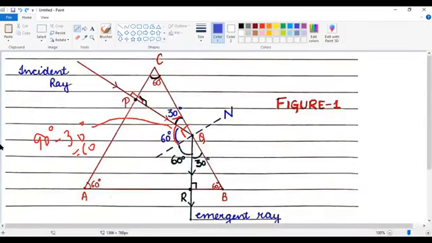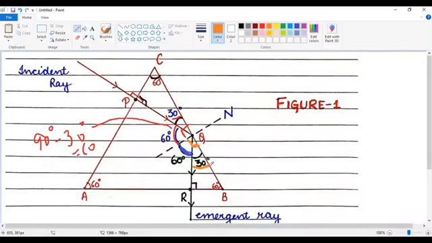Now students, if the angle of reflection is 60 degrees, then the normal is making 90 degrees with the prism surface. Hence, the remaining angle will be 30 degrees.